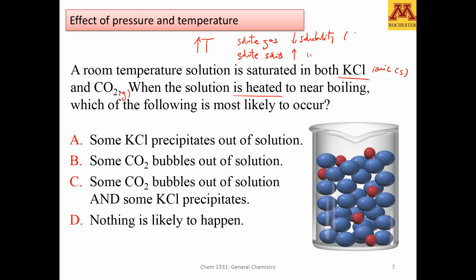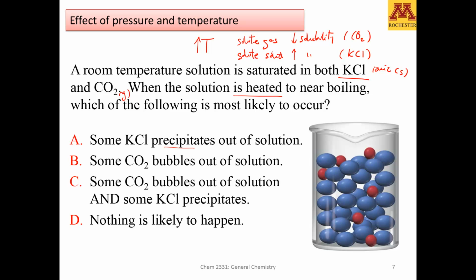This is the case of CO2, and the solute that is a solid is the case of potassium chloride. So when you increase the temperature, expect the CO2 to leave the solution and the potassium chloride to get more dissolved.